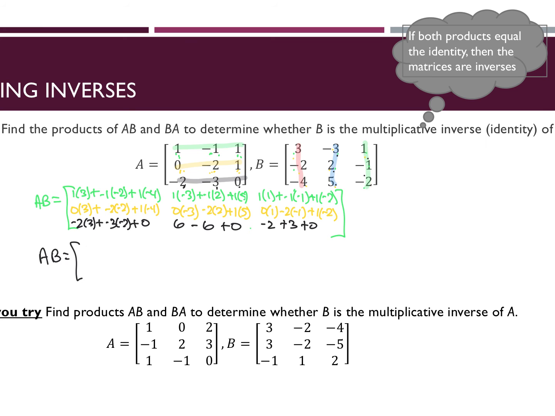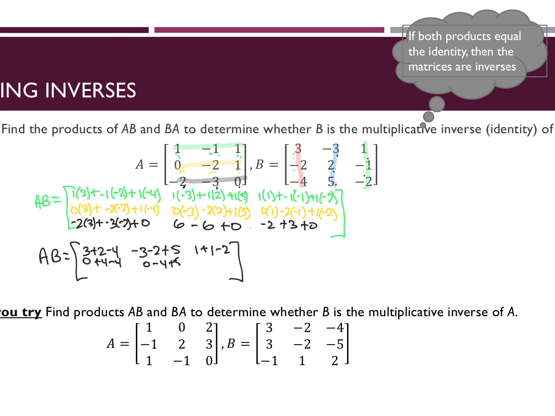Row 1 becomes 3 plus 2 minus 4. The middle, negative 3 minus 2 plus 5. The far right top, 1 plus 1 minus 2. Middle row, 0 plus 4 minus 4. For column 2, 0 minus 4 plus 5.